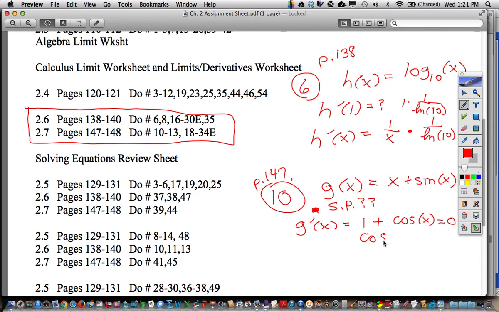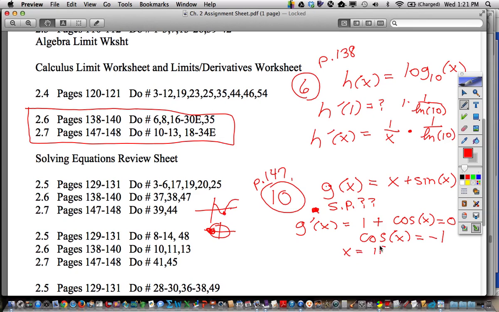Now we need to solve this. Well, you can see where that worksheet came in that we were doing today. We've got to be able to solve this trig equation. Where does cosine equal -1? Well, the cosine graph would tell you it's at pi. The unit circle would also tell you it's over here at pi. Cosine equals -1.